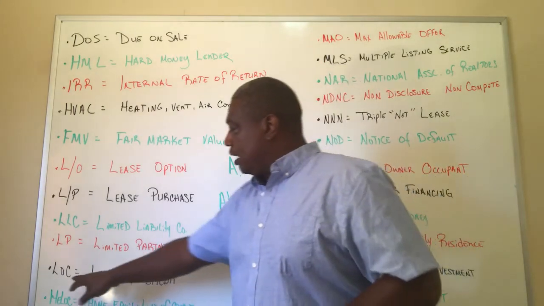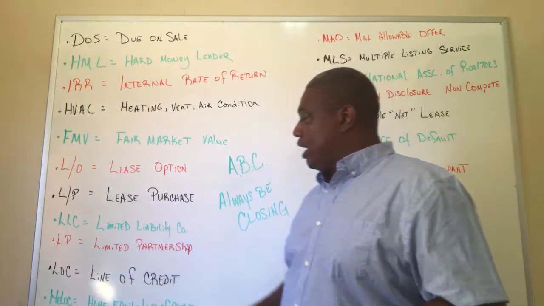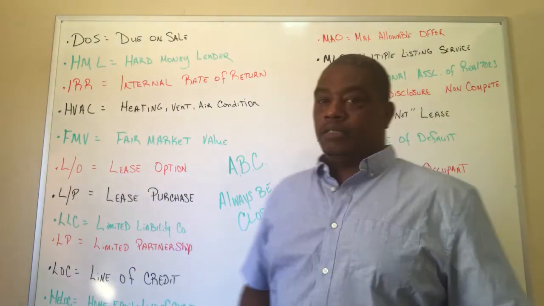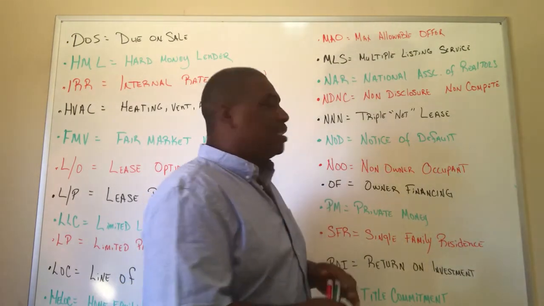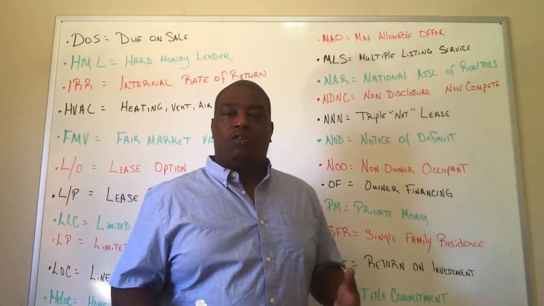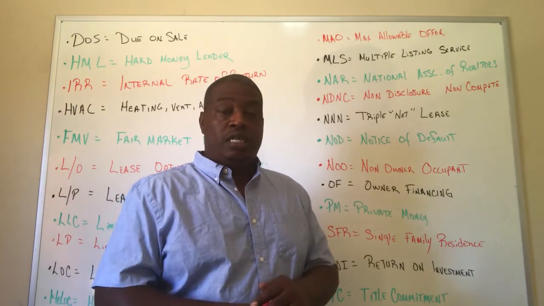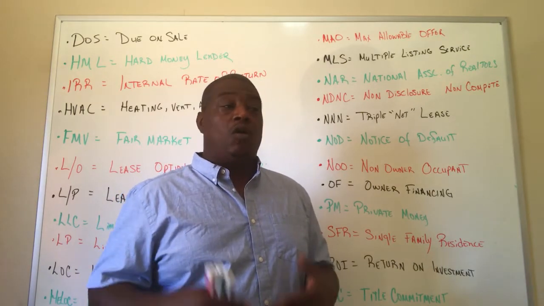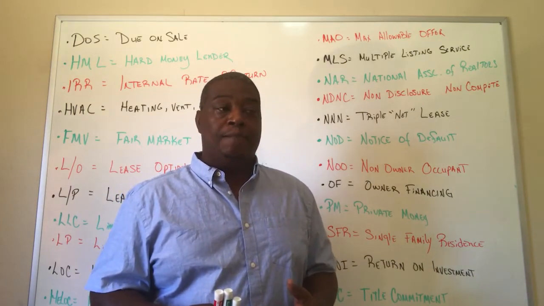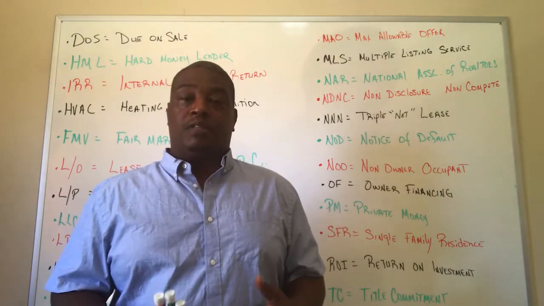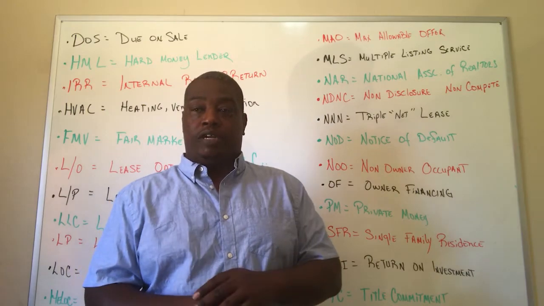Then you have LOC, line of credit, and HELOC, home equity line of credit. Okay? So some of these, again, you may already know. Some of them you may have just recently been introduced to, but I just want to make sure I go over these. That way when I'm doing some of these videos and when I am writing some of the blogs, you understand these acronyms.